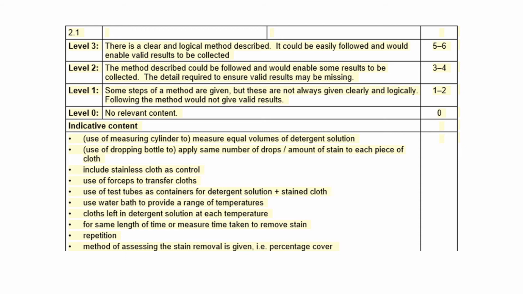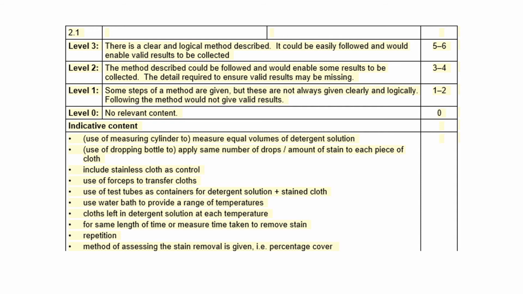So if you've said put 5 drops or 3 drops or anything like that, an amount of drops of the stain onto the cloth, then give that a tick. If you have mentioned using a cloth with no stains, that also will be good indicative content. So we would use that as a control to compare against.